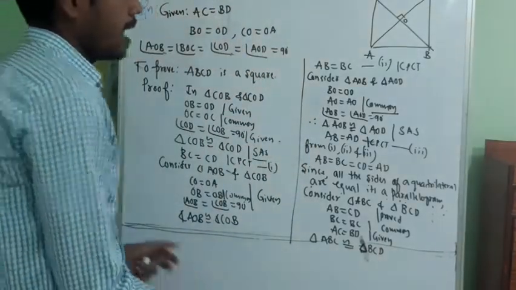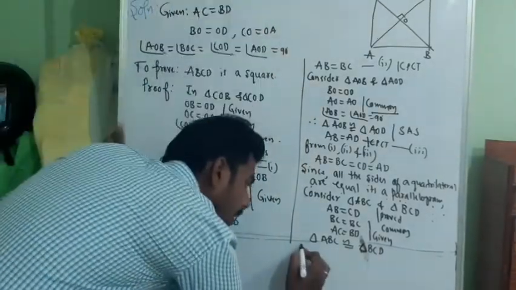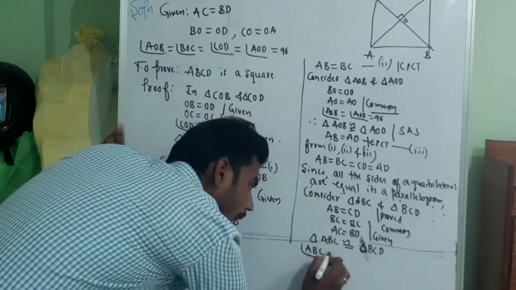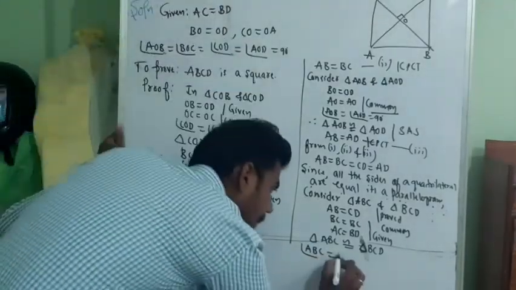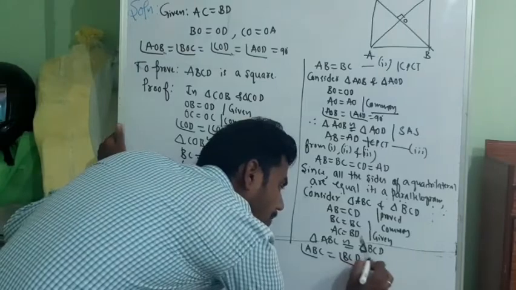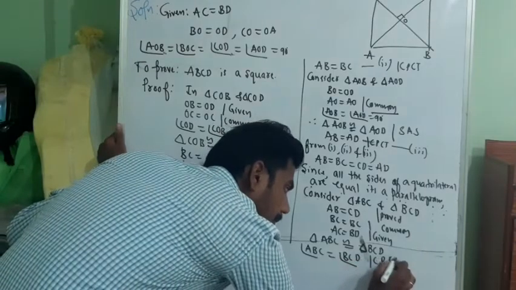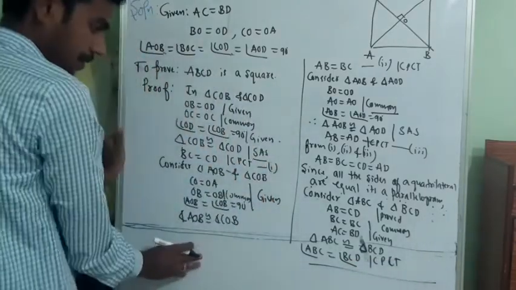Now what can I write? Angle ABC is equal to angle BCD because of CPCT. So I'll continue here.